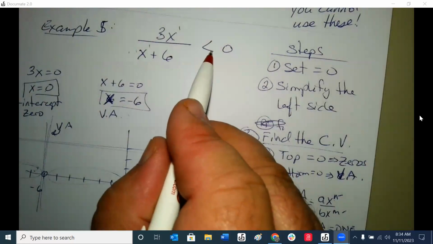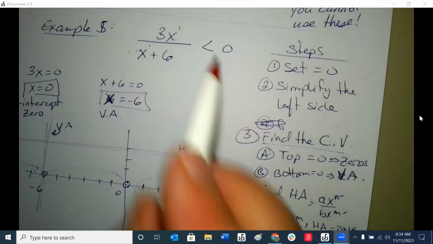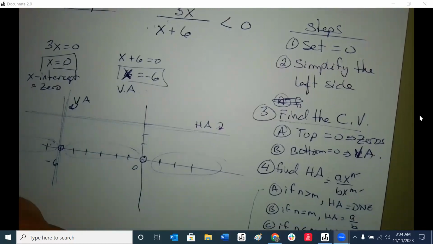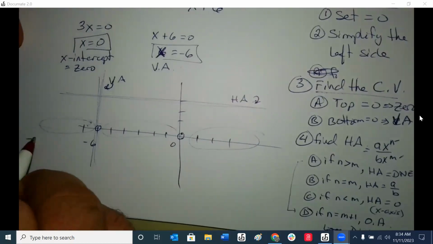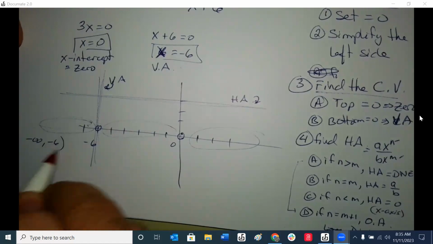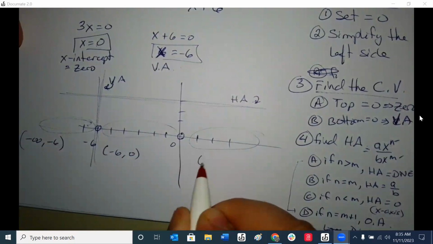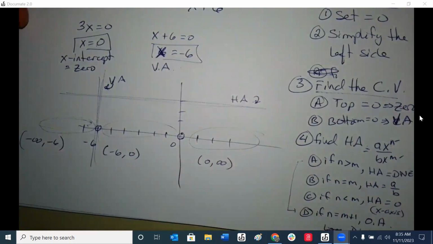Now we want to know where the graph is below the x-axis. So my intervals are from -infinity to -6, from -6 to 0, and from 0 to positive infinity.